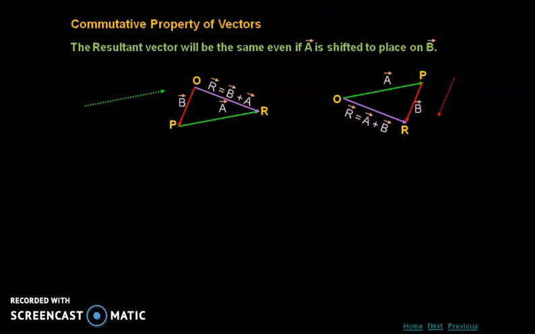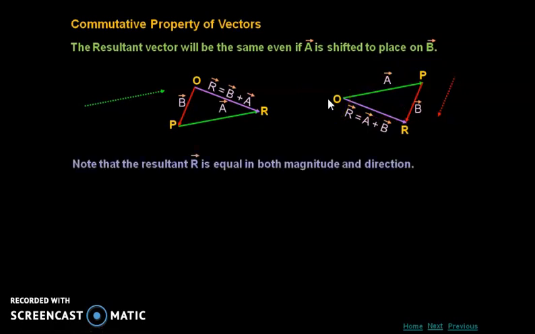Now you can see in this diagram and in the second diagram, these are two different diagrams in which we have fixed a different vector and shifted a different vector. You can see the resultant is the same in both situations. This is b plus a and this is a plus b. It means b plus a is equal to a plus b.